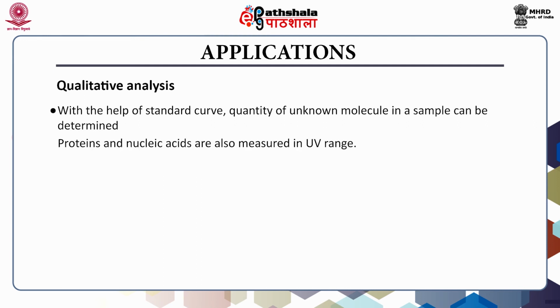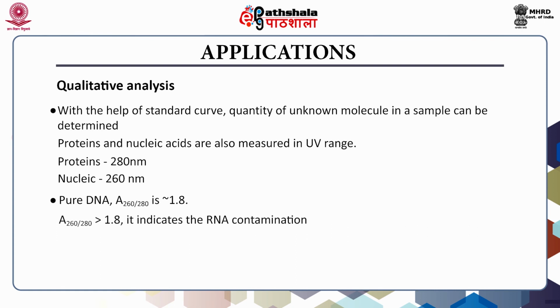Proteins and nucleic acids are also measured in the UV range. Proteins are measured at 280 nanometer and nucleic acids are measured at 260 nanometer. For pure DNA, the absorbance at 260 by 280 nanometer is approximately 1.8.